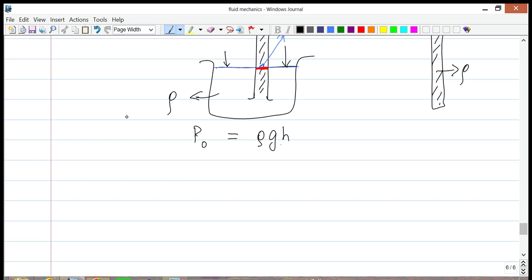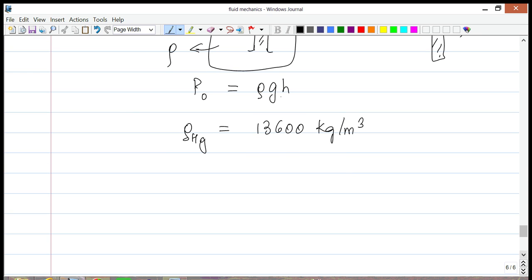The density of mercury is about 13,600 kg per meter cube. What is observed is that about 76 centimeters of mercury is required to balance the atmospheric pressure under standard conditions.